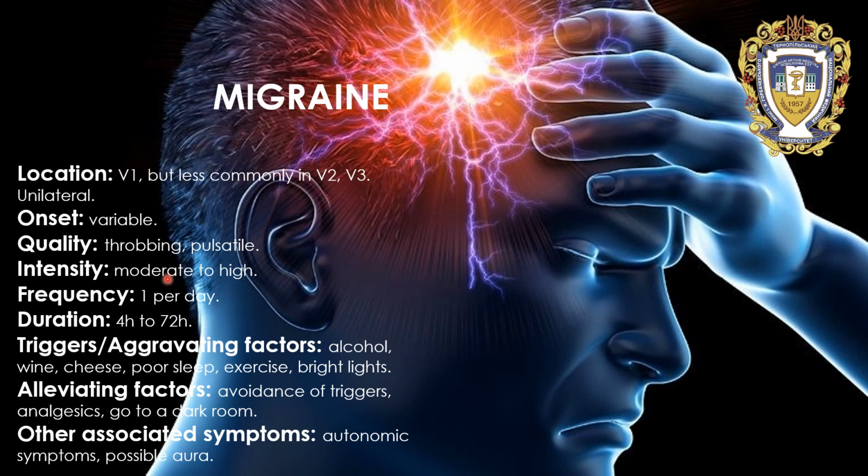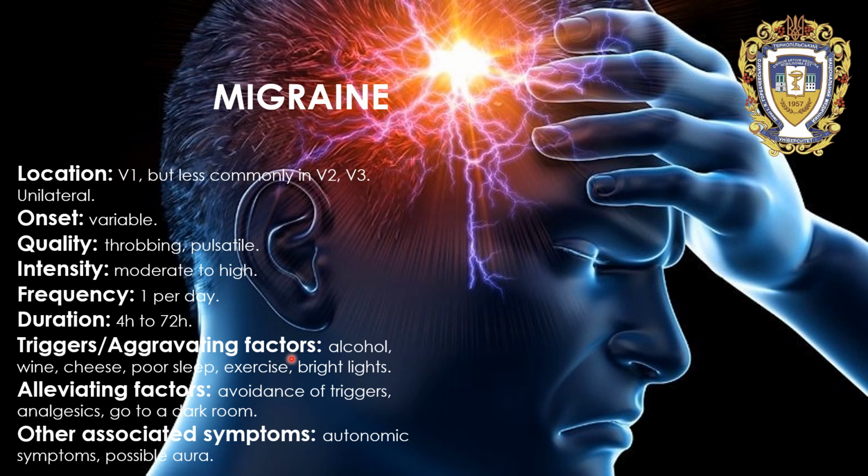Frequency of pain, once per day. But duration is big, from 4 hours to 72 hours, up to 3 days. Aggravating factors: alcohol, wine, cheese, poor sleep, exercise, and very often bright lights.